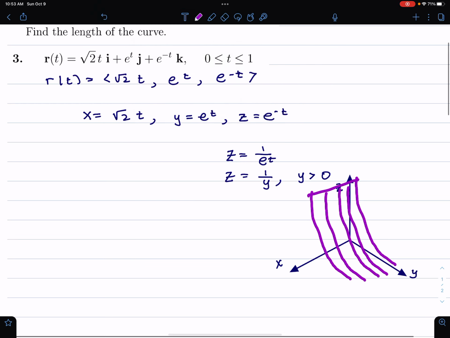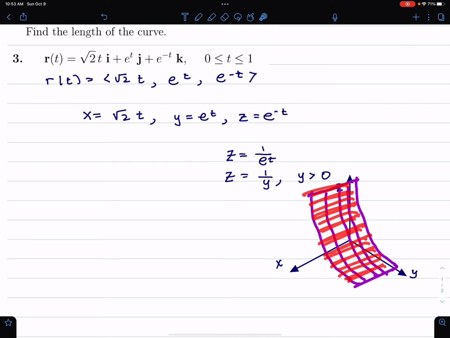And so this is actually a cylinder. It's not a cylinder like a soup can. It's the definition of a cylinder in three-dimensional space, where you have a curve in the yz plane, and then an infinite number of lines orthogonal to that curve that form parallel lines that form a surface.